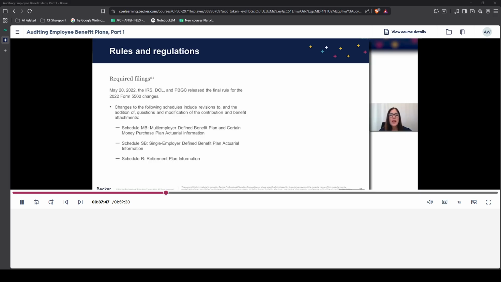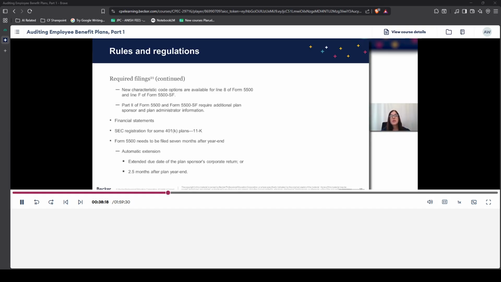But for the year 2022 Form 5500, these are the changes that you would need to be aware of. They had some changes to certain schedules, including the Schedule MB for multi-employer DB plans, changes to Schedule SB for single employer DB plans, and changes related to Schedule R for retirement plan information.